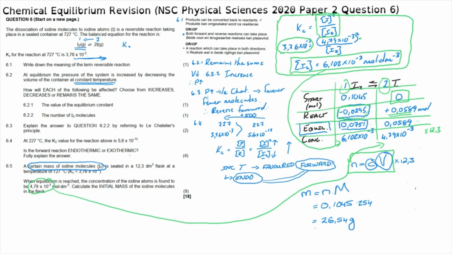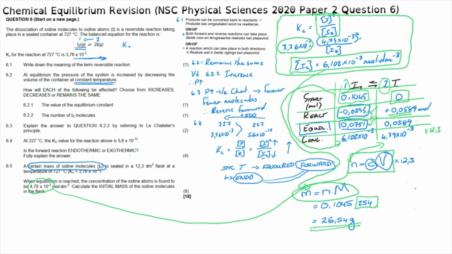And then because we know that we ended up with a certain number of moles and we know how many moles we used, we can add 0.075 to 0.0295 to find our initial number of moles of iodine. And then finally, with that initial number of moles, we use the formula mass is equal to number of moles multiplied by the molar mass calculated as 254. And therefore, our initial number of grams was 26.54.